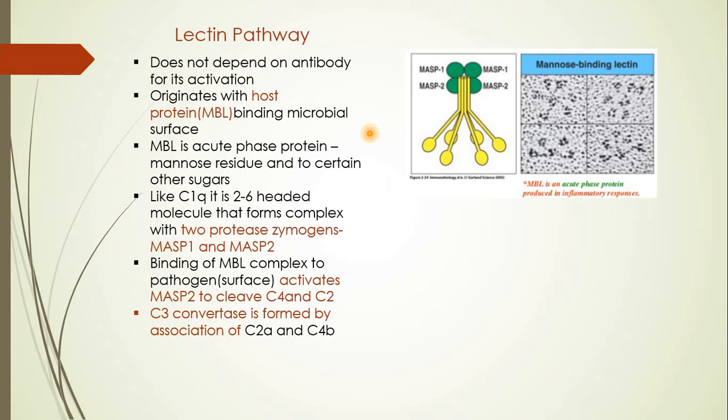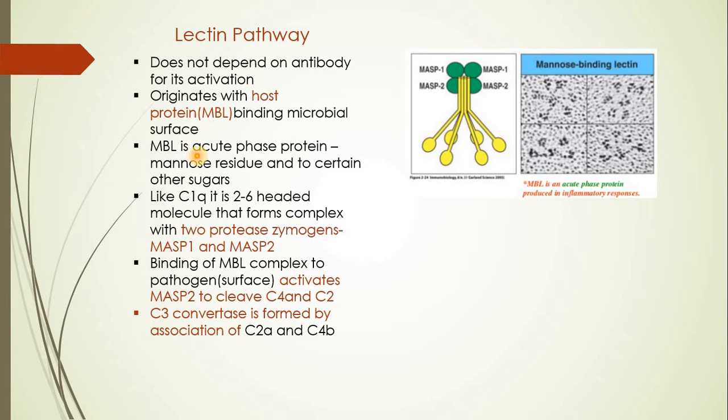In case of lectin pathway, here you have to remember that this is not dependent on the antibody for its activity. Then it originates with the host protein, that is called as MBL. M refers to mannose, B refers to binding, L refers to lectin. So it is the host binding protein, which binds the microbial surfaces.